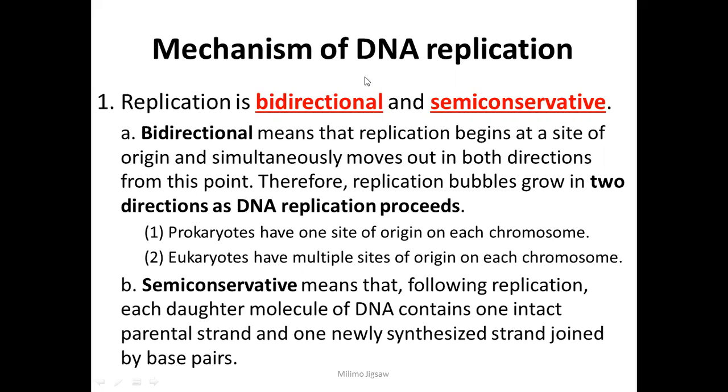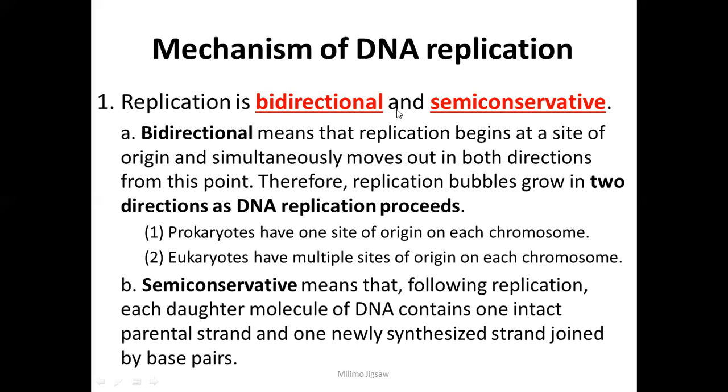Replication is bidirectional and semi-conservative. Okay, so this is where we still are. Any questions so far? No questions. Okay, so bidirectional simply means from the site of origin of replication, DNA replication moves in both directions.